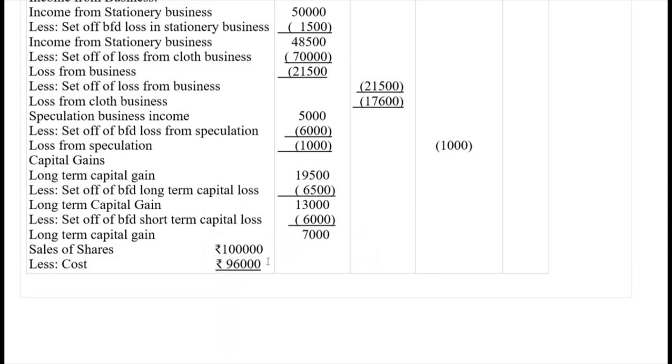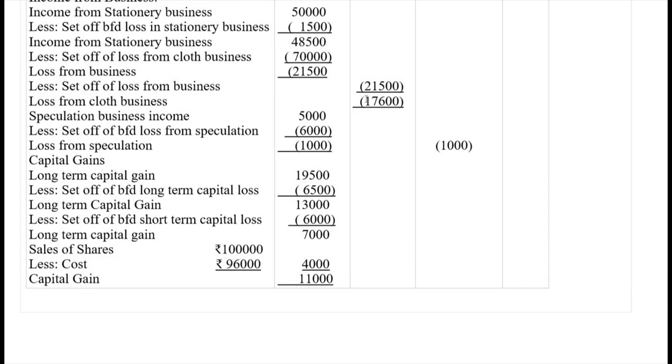So the difference will be taken here as 4,000. So now let us take the sum of this. That comes to rupees 11,000. This is what we get here. Capital gain. It includes both short term as well as long term.